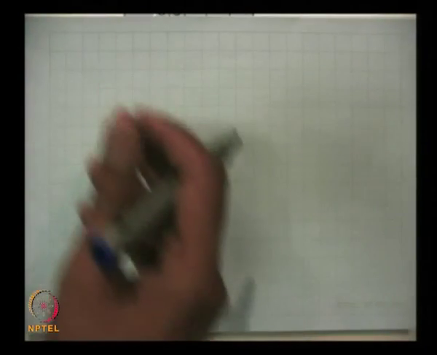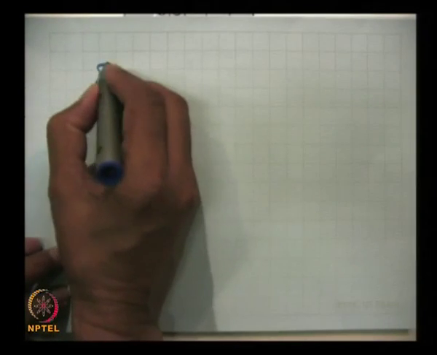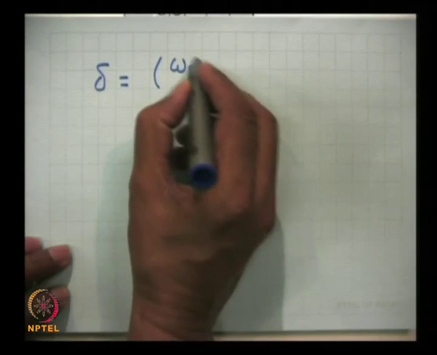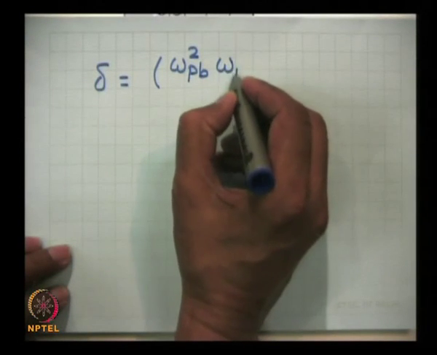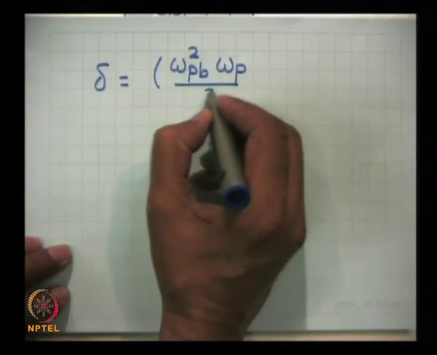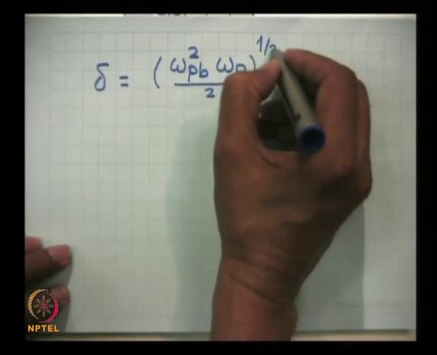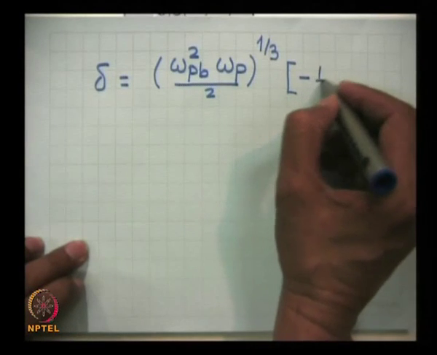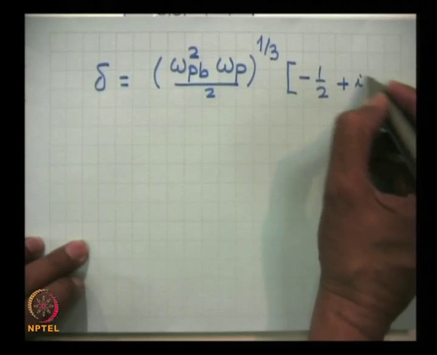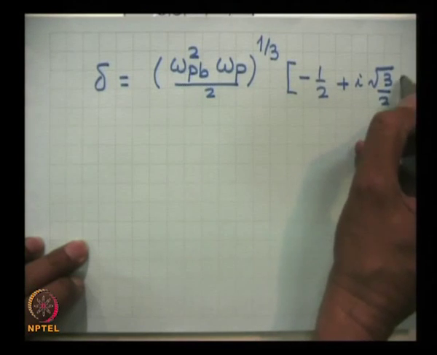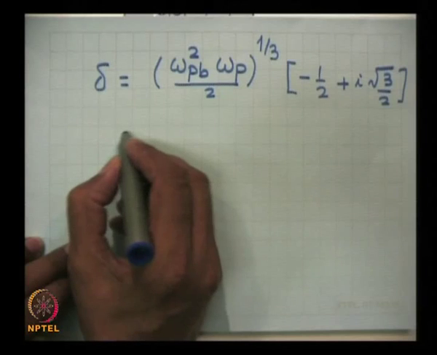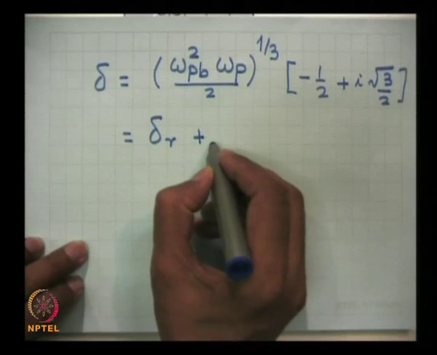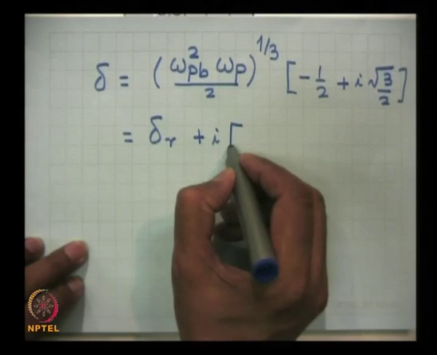The value of delta that we obtained is equal to omega pb squared, the beam plasma frequency squared, into the plasma frequency of the plasma electrons, divided by 2, raised to the power 1/3, and for the unstable mode this was minus half plus i root 3 by 2. I can call this quantity the real part of delta plus the imaginary part of delta, that I called gamma.